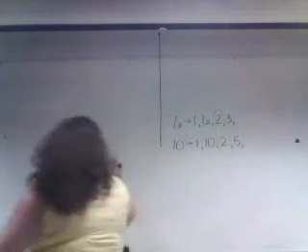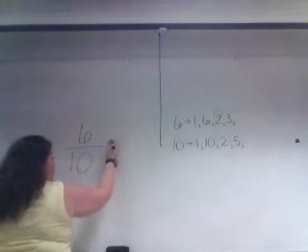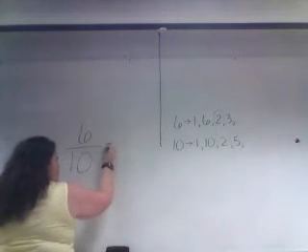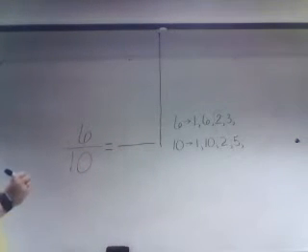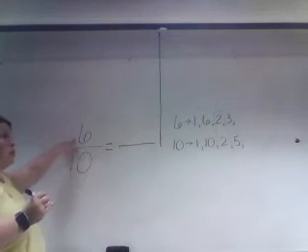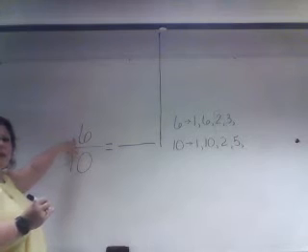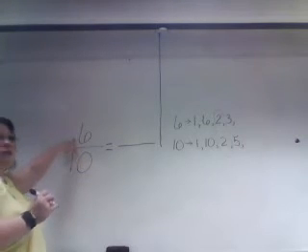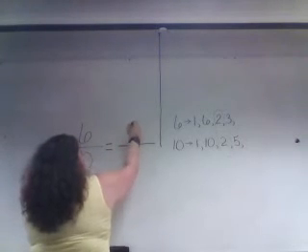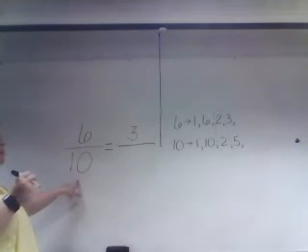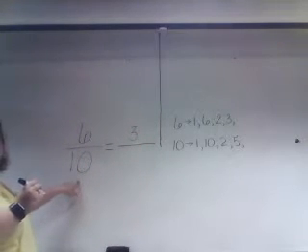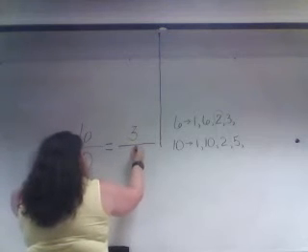So the way that we show that we're reducing a fraction is by putting an equal sign. So 6 divided by 2 is, hope you're saying the answer, 3. 10 divided by 2 is 5.